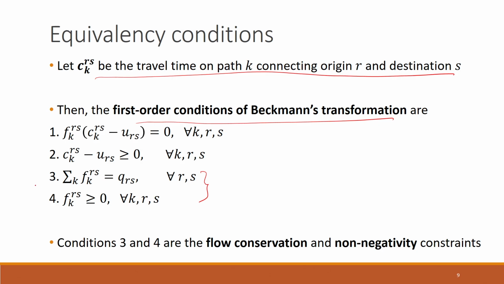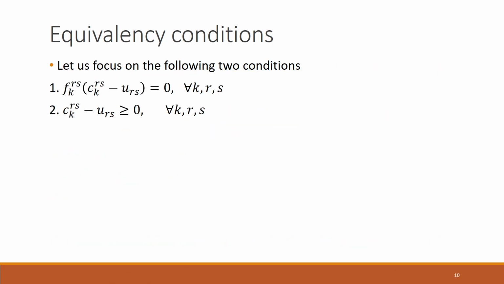The third set is the flow conservation constraint, that is, the sum of the path flows on all the paths connecting R to S should be equal to the travel demand QRS, and this is the non-negativity constraint that FKRS should be greater than or equal to 0 for all K, R and S. But these conditions require some discussion, on what they mean. So let us keep focus on that. We will be focusing on these two conditions here.